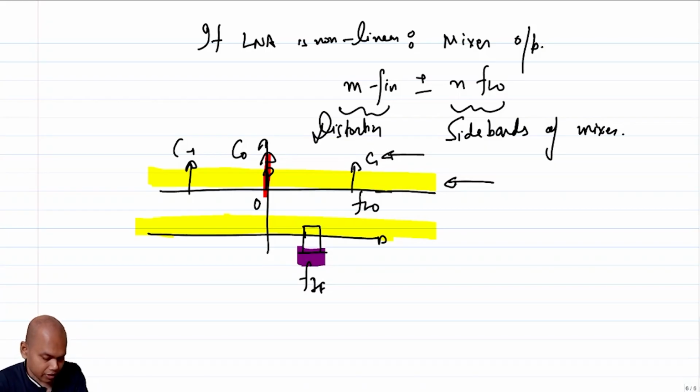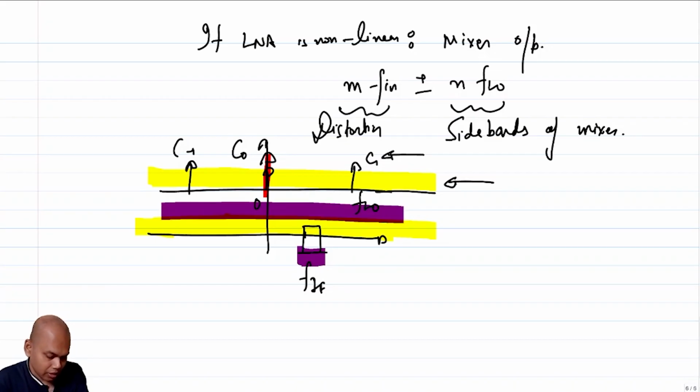Then I'm going to get something because of C1, and something because of C minus 1 also. And the contributions of C1 and C minus 1 are identical, because they have identical strengths.